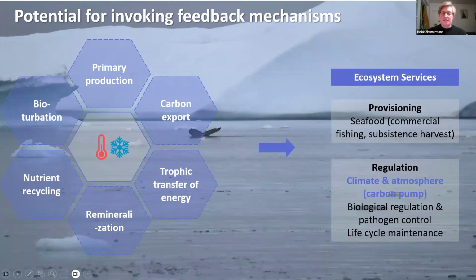So this has an important component towards what will happen in the future under climate change. How will this affect ecosystem services such as provisioning, so for example, seafood, or regulation, for example, of climate and the atmosphere via the carbon pump, biological regulation and pathogen control, and life cycle maintenance?